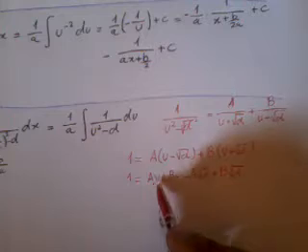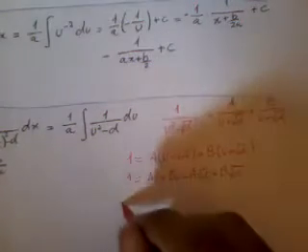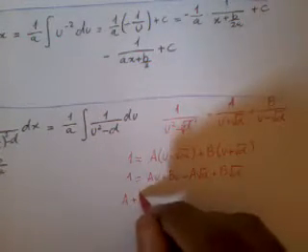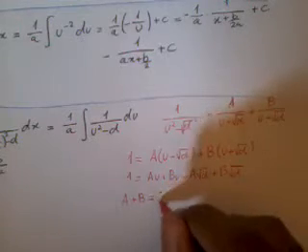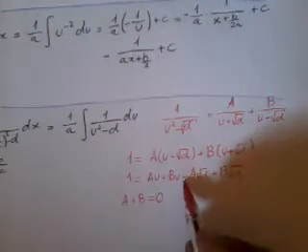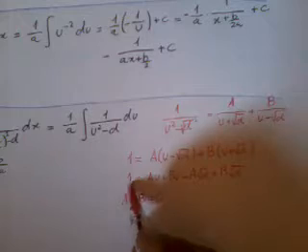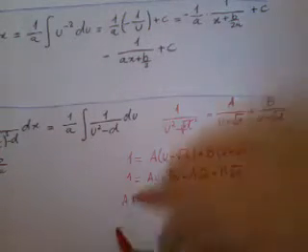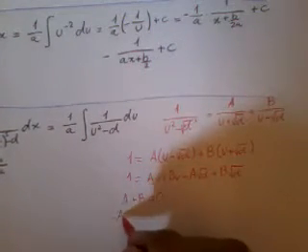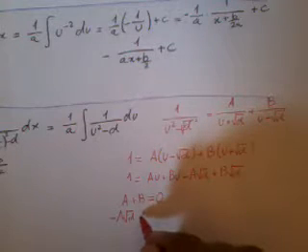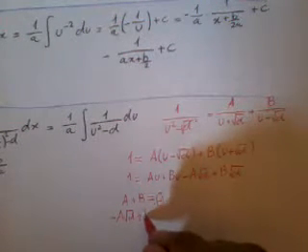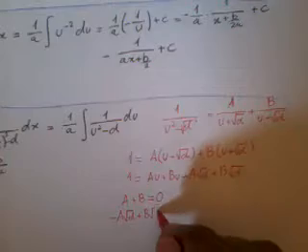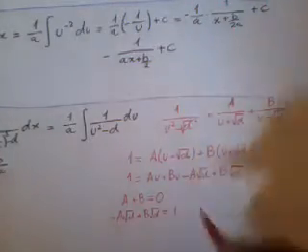So there's nothing that has u in this side, so a plus b is just equal to 0, and minus a root d plus b root d is equal to 1.